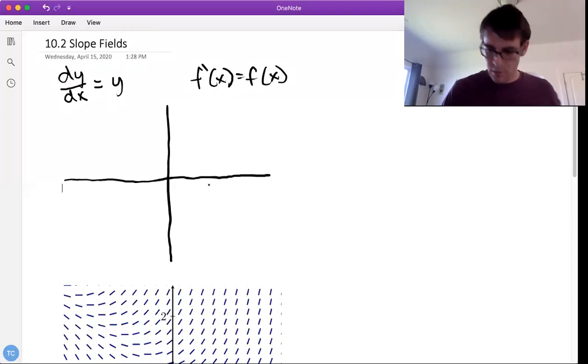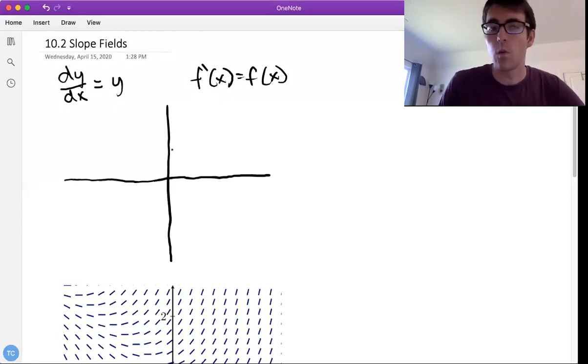So the idea is, our slope depends on what the y value is. If our y value is something like 1, then our slope should be 1. And we're going to record that by drawing a little line segment that has a slope of 1. This equation doesn't care what the x value is.